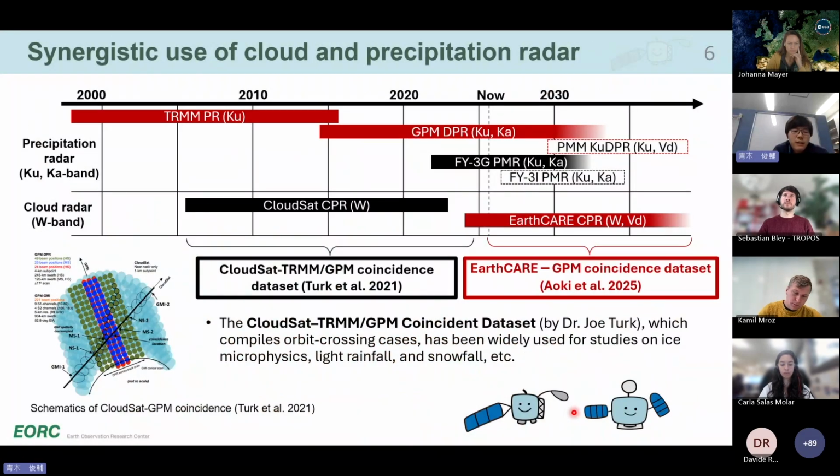This is the history of spaceborne precipitation and cloud radar observation. In the CloudSat era, the CloudSat and TRMM/GPM coincidence dataset was developed by Dr. Jotaka, and it has been widely used for studies on ice microphysics, like rainfall and snowfall. So I am now developing the EarthCARE GPM coincidence dataset.